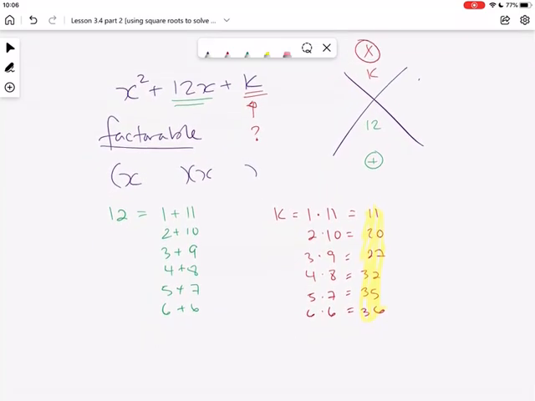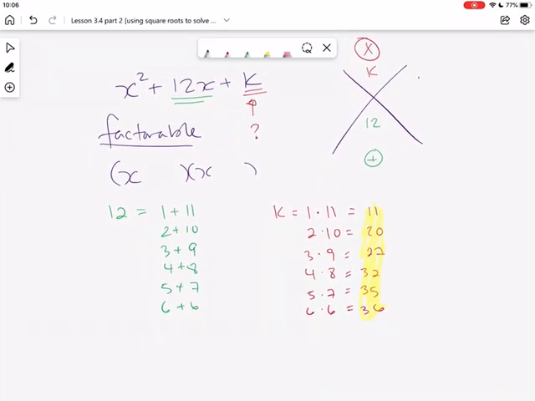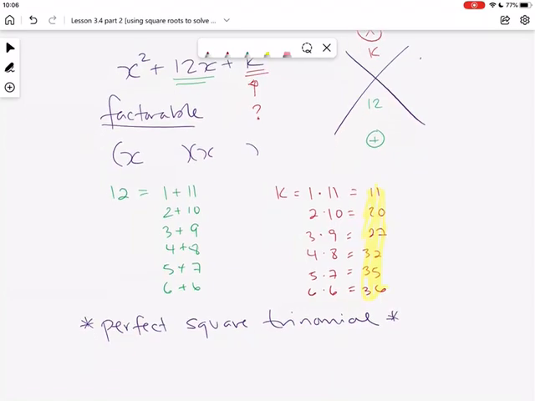Now, what if I asked you, I specifically want a perfect square trinomial. So I want you to pick k such that when I factor it, I will get a perfect square trinomial.